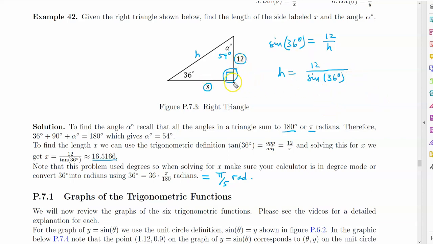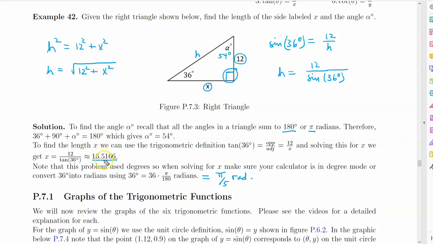Now we could also use the Pythagorean theorem here, noting that by the Pythagorean theorem, h squared is equal to 12 squared plus x squared. So h is the square root of 12 squared plus x squared.